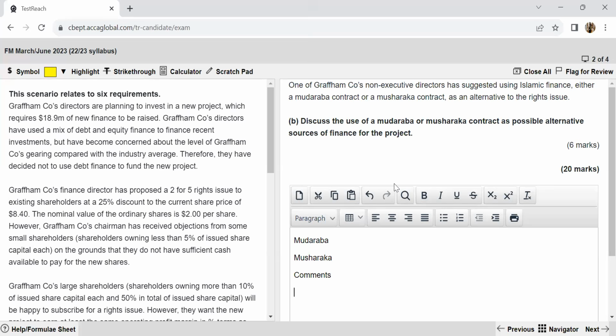The management of the venture would be the sole responsibility of the company, which is Graffham company, since Graffham company has expertise in running a profitable business. Under this contract, the profits will be shared in a pre-arranged ratio. Only the capital provider would bear any losses, but would only be liable to the extent of the capital they are providing. So this is what you will talk about for the Mudaraba contract.